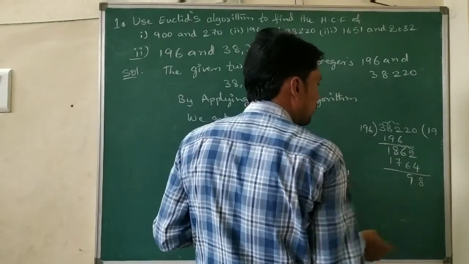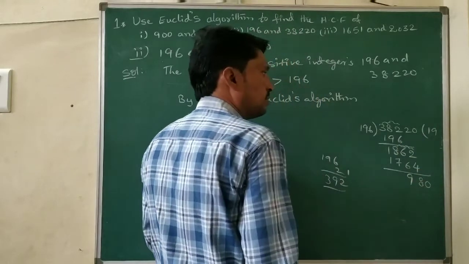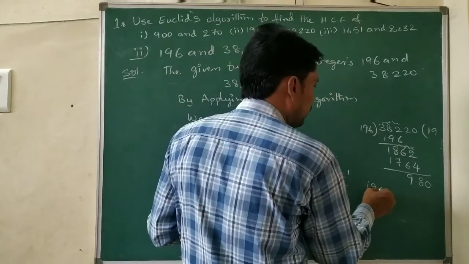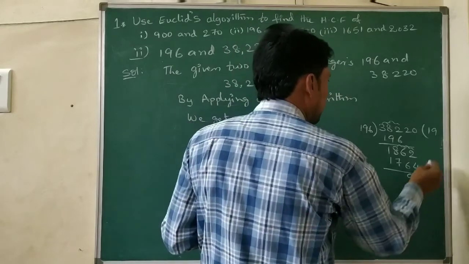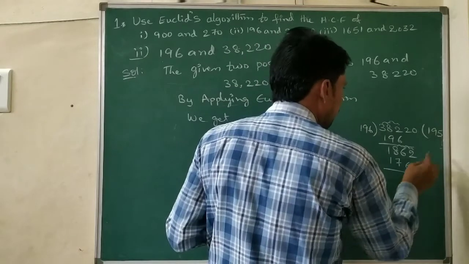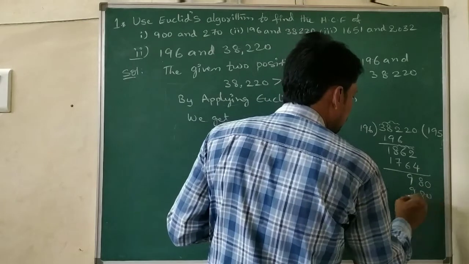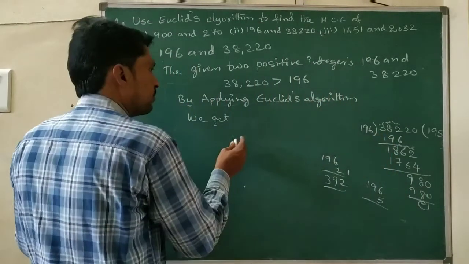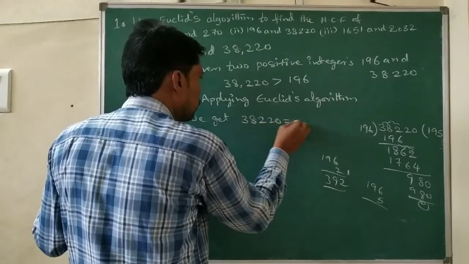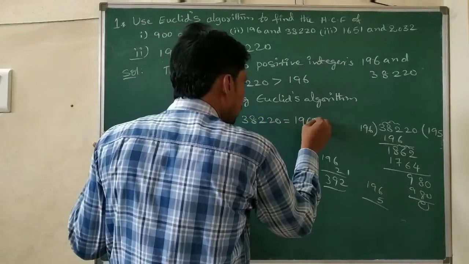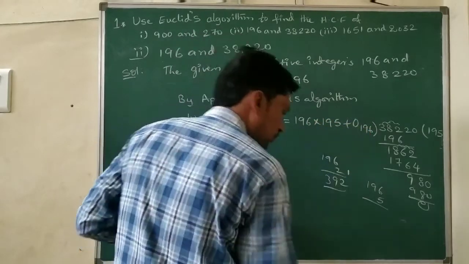And 7 minus 7 is 0, and 1 minus 1 is 0. The last term is 90. So 196 times 5 is 980. Now we can write 38,220 equals divisor 196 into coefficient 195 plus remainder 0.